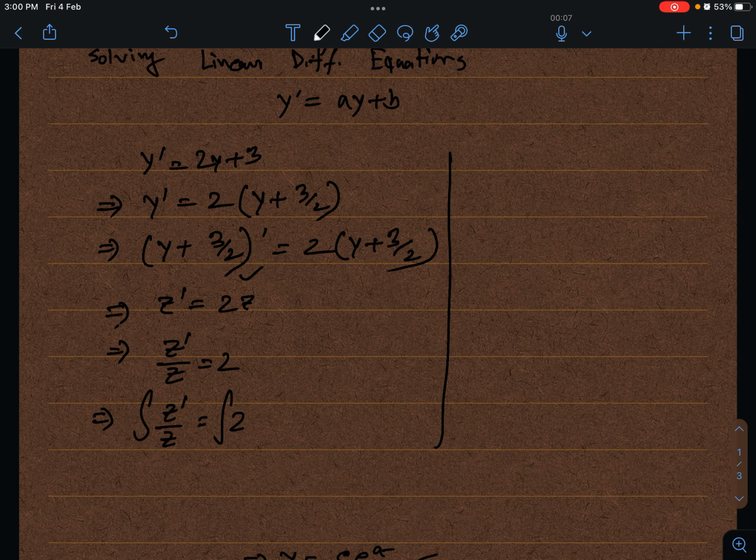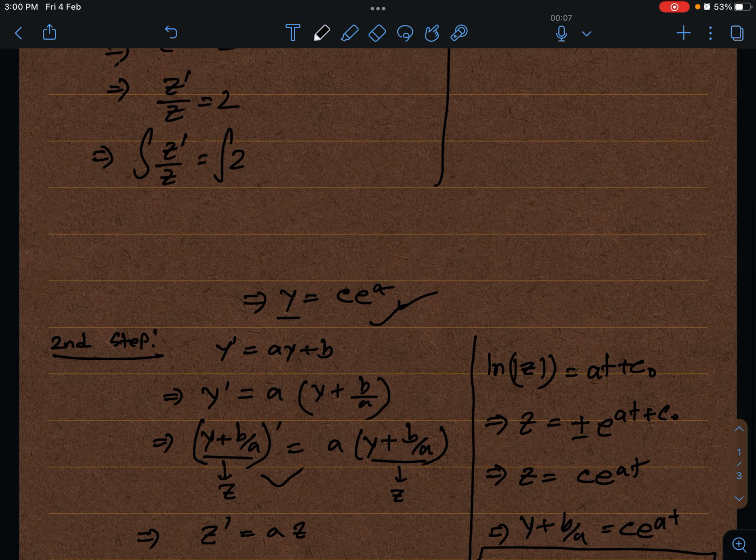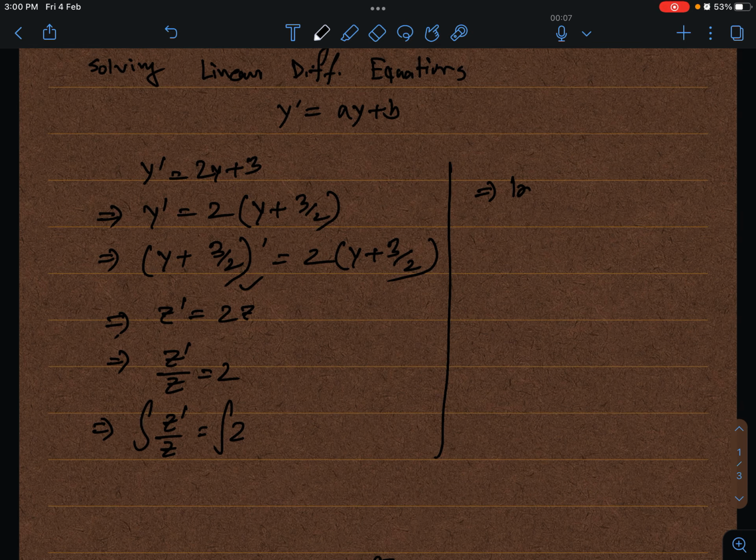So we have ln of z equals 2t plus c naught. So z equals plus minus e to the power 2t plus c naught, so we have z equals c e to the power 2t.